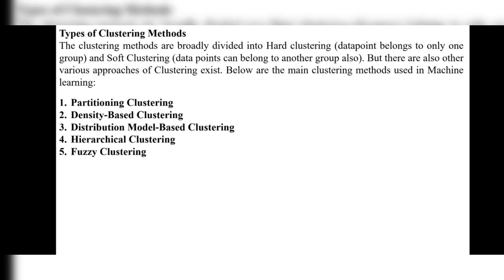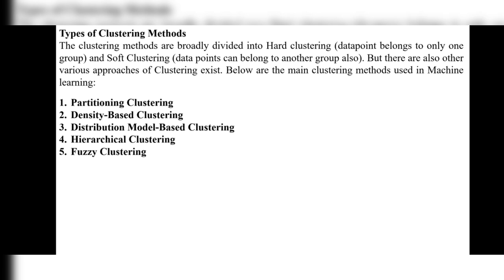And next, types of clustering methods. We have basically 5 types of clustering methods, and the clustering methods are broadly divided into 2, that is hard clustering and soft clustering. In hard clustering, a data point belongs to only one group, whereas in soft clustering, data points can belong to another group also.